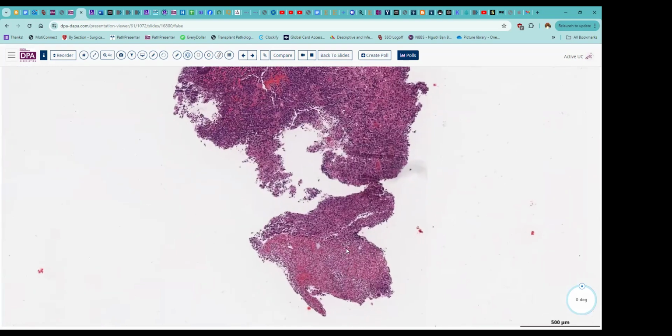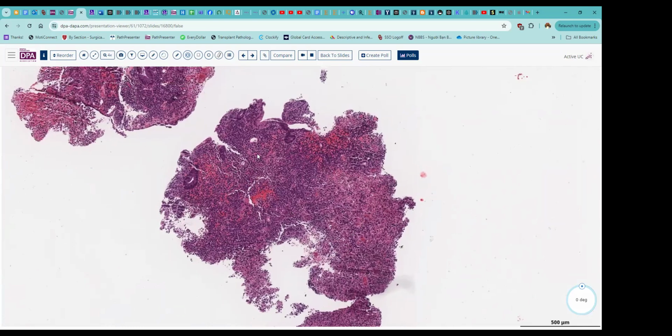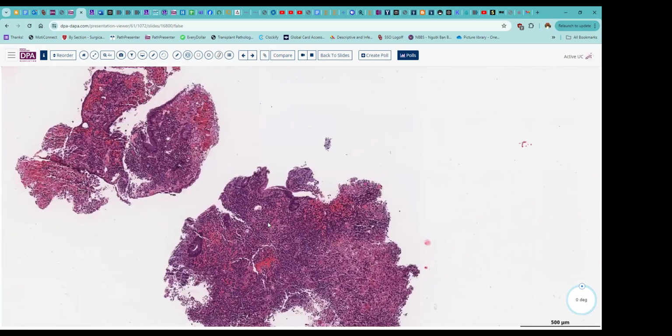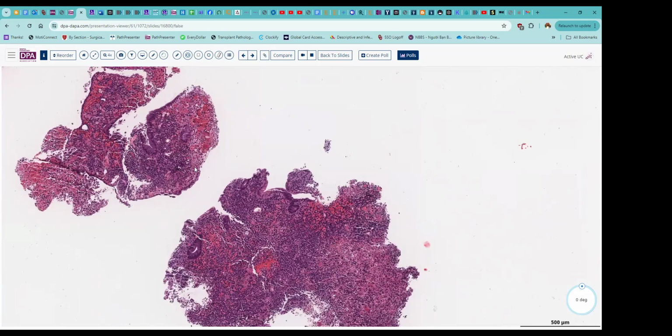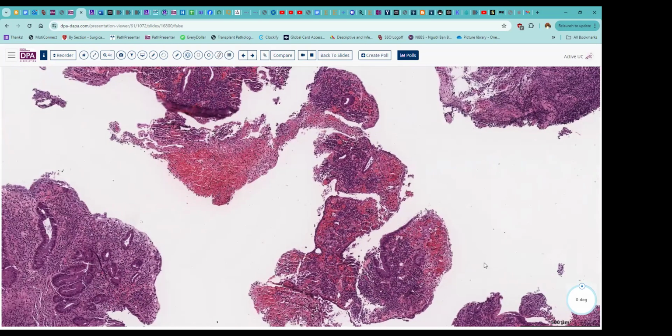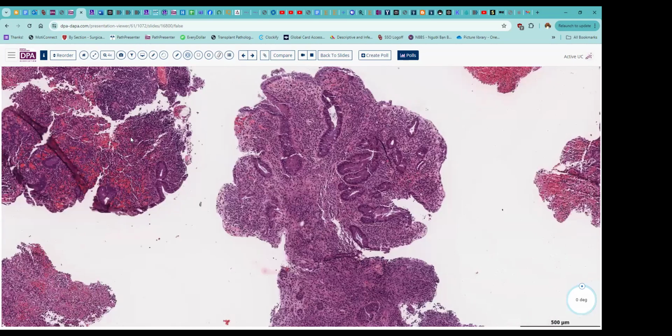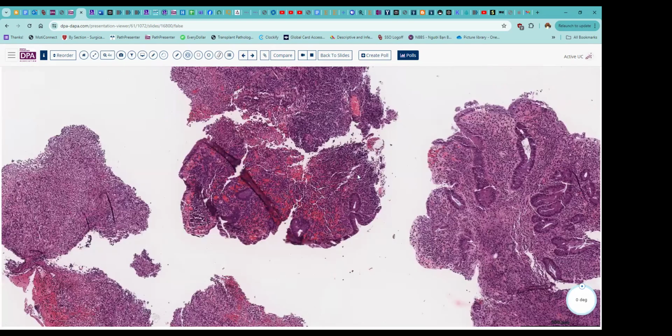The one that we use in our laboratory is the GIBOS grading system, which qualifies things based on architectural distortion, on the pattern of inflammation that are present, on the presence of crypt abscess, ulceration or fissuring ulcerations, and so forth.